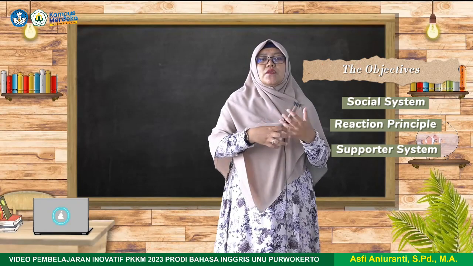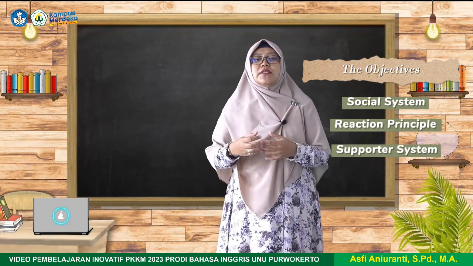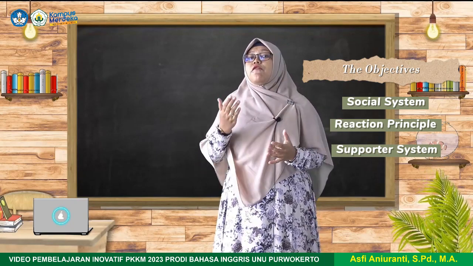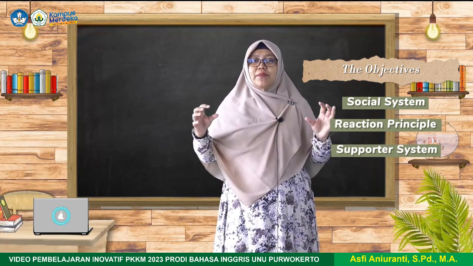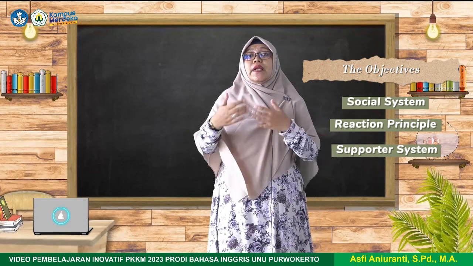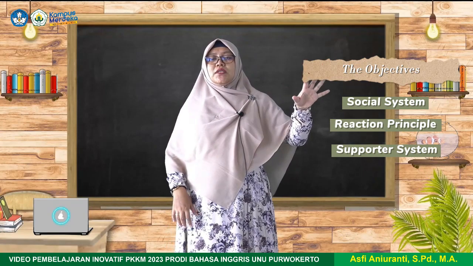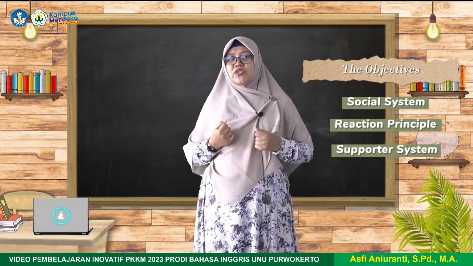When the students need to find the match of their card, it will create fun competition because they need to do it in a very limited time, and the teacher also needs to facilitate the interaction among the students so they can find the match of their card and decide the best answer for the given questions.